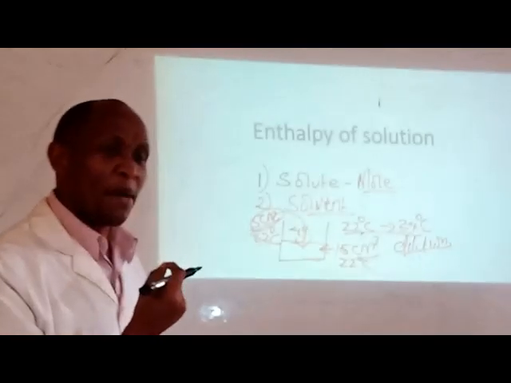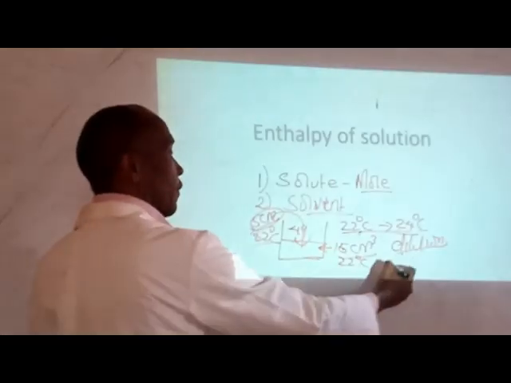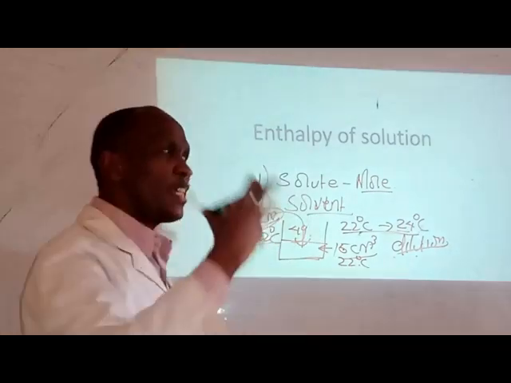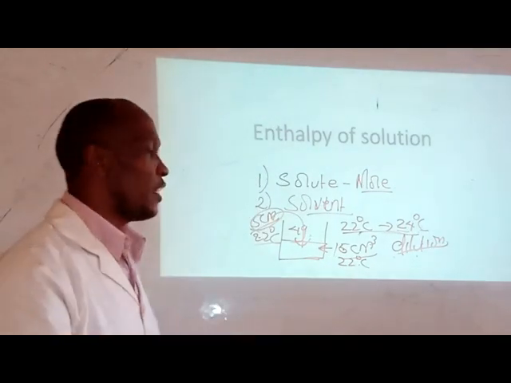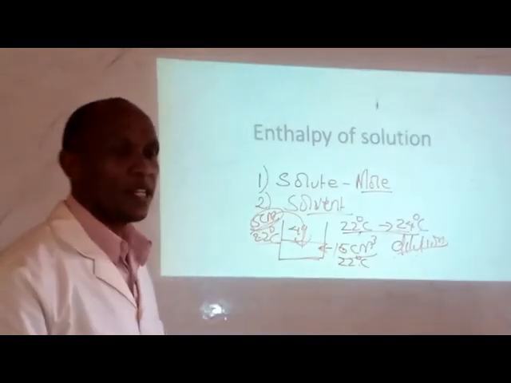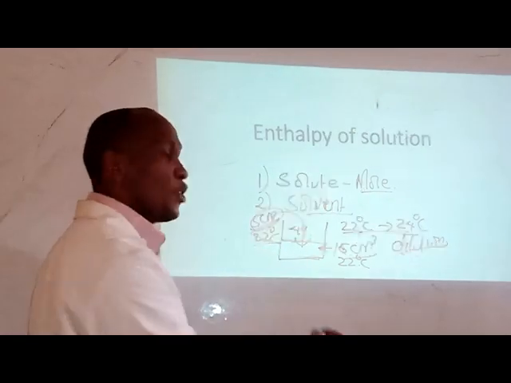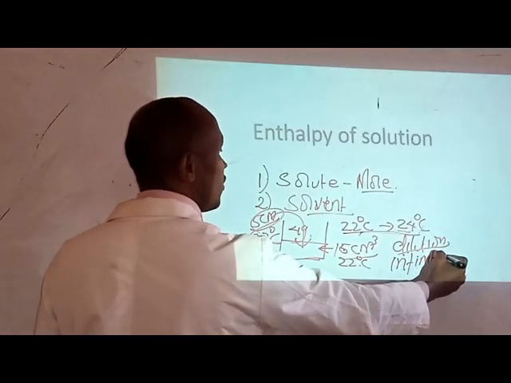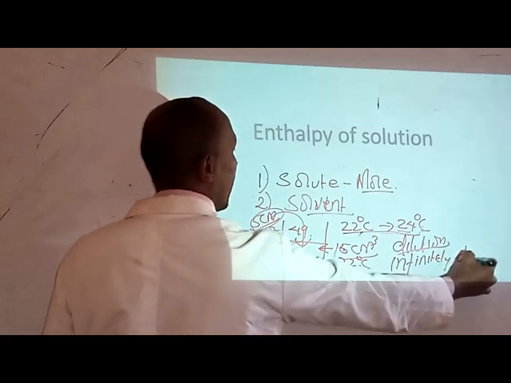So I can continue adding water, and I'll continue getting more and more of the enthalpies of dilution. But there is going to come a point where further addition of water will not lead to any significant rise in temperature. So that solution is going to be said to be infinitely dilute.